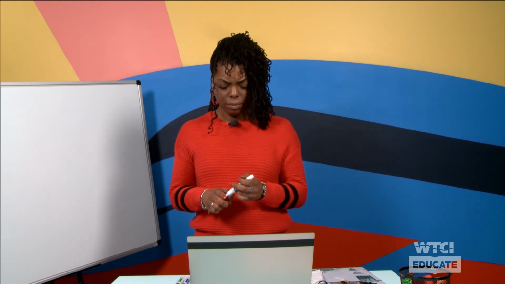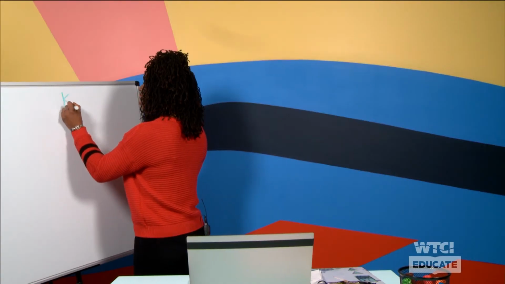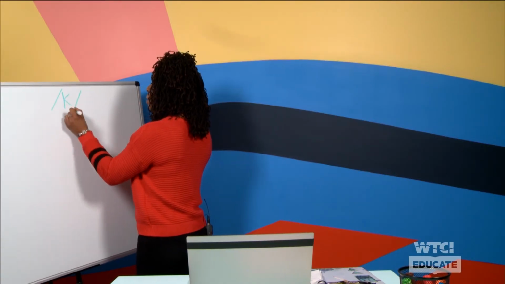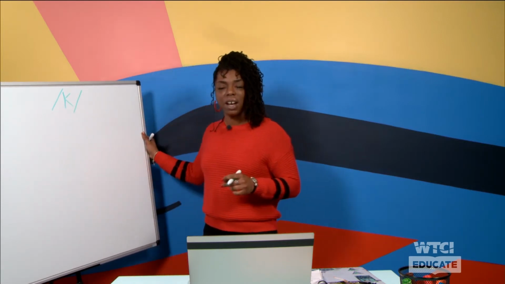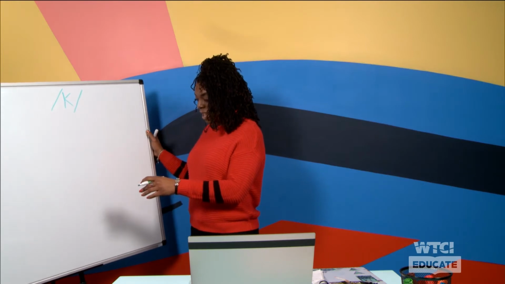What do you hear at the end? Do you hear the sound K? Is that the sound that you hear? K. Now, great job. So I want to talk to you about this sound, okay?